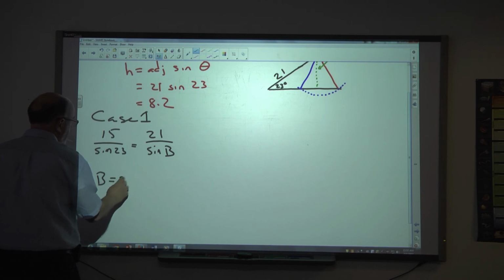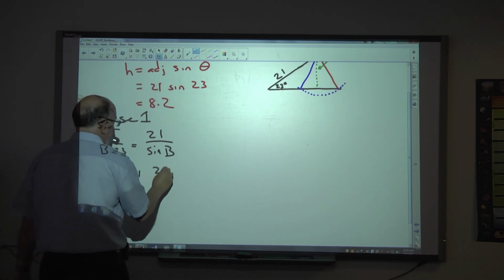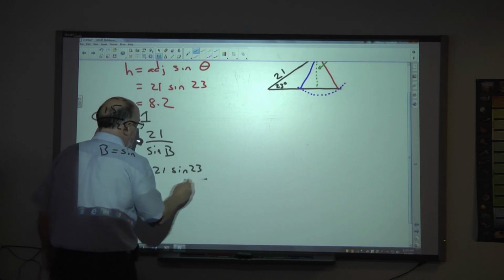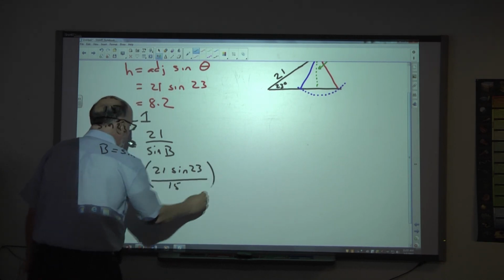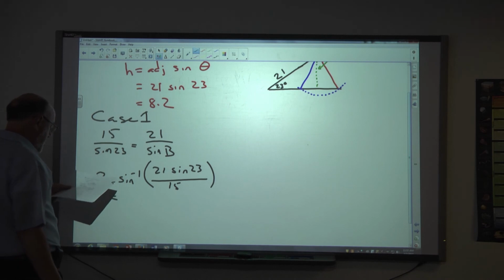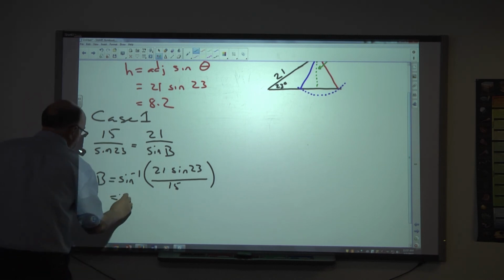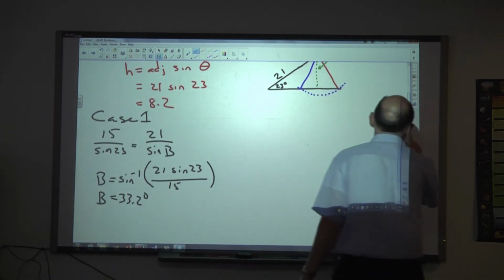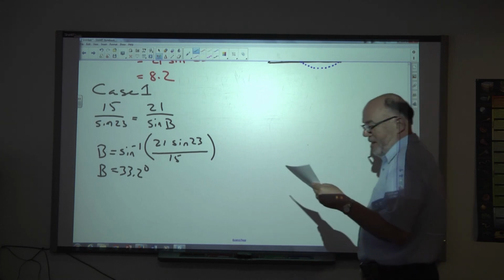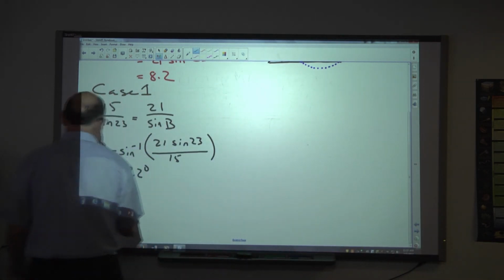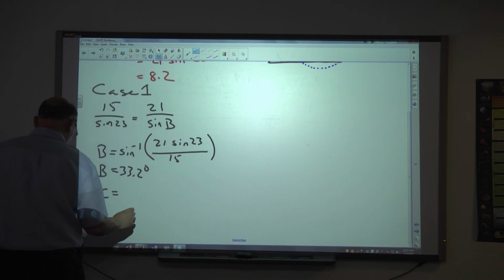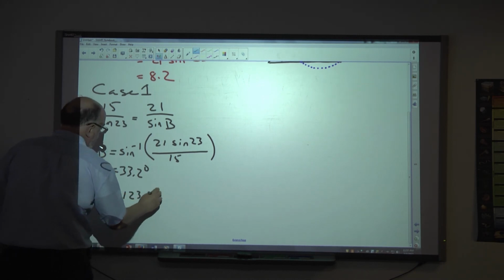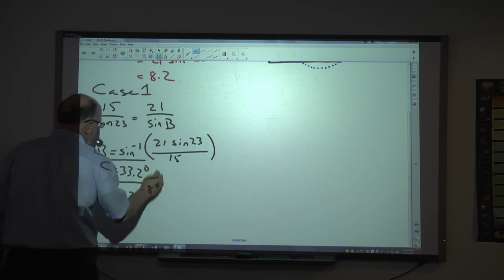So angle B is going to be the inverse sine of 21 sine 23 over 15, and we plug that in, and this comes out to be 33.2 degrees. Okay. And because we know two angles, we can find the third angle by subtracting from 180. So angle C would then have to be 123.8 degrees. So we got those two numbers.